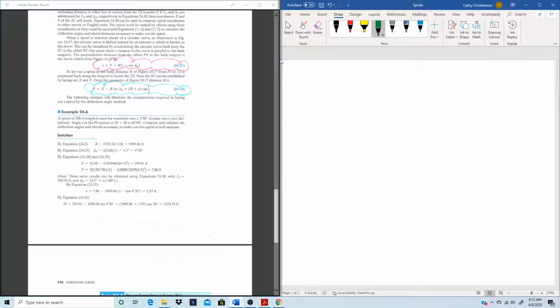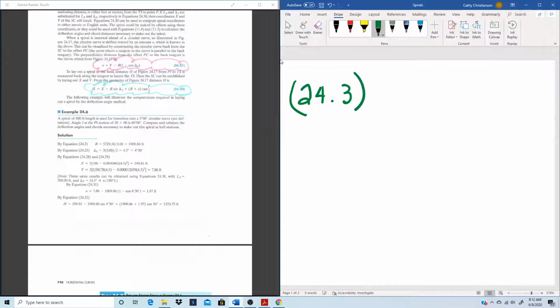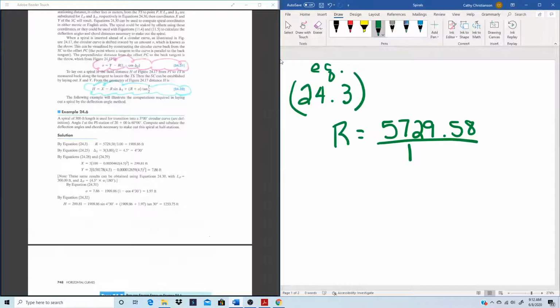So we want to solve, because this one is arc definition, we want to solve for R, because you need R. So I'm going to use equation 24.3, which is R is equal to 5729.58 divided by D, which is 3 degrees.